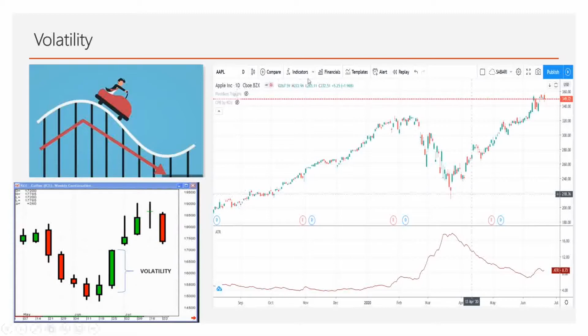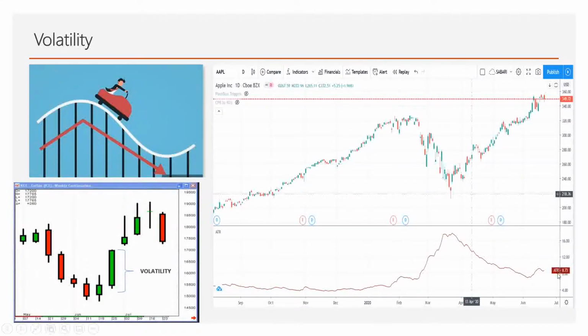And here on the right side, I have the Apple chart. The candle's size, or the lowest level to the highest level for each candle, may not be the same. It will be different, right? By seeing it, you can make it out, right? So there is an indicator called ATR. This ATR will help us calculate the average volatility for a given period of time.